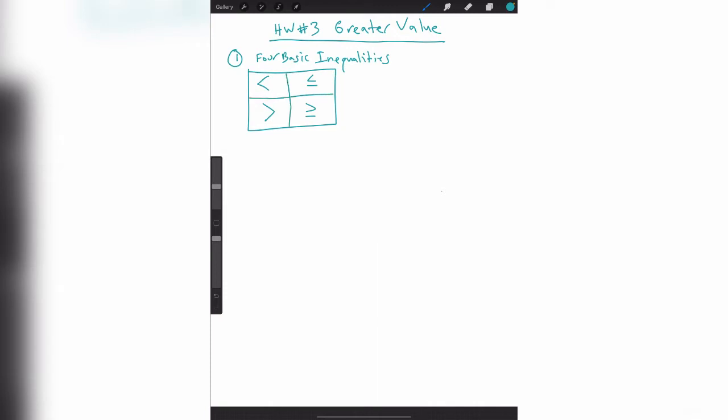Remember, so far we've worked with expressions and equations. We've discussed their differences. And now we're going to introduce inequalities. All right, so these are the 4 basic inequalities over here, and we're going to work with each of them.